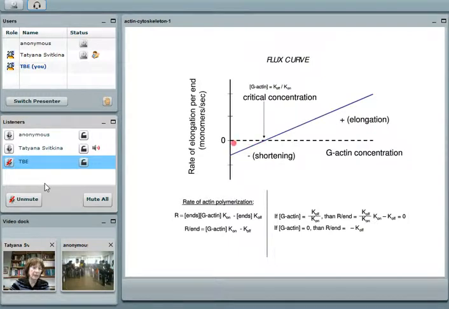If we have it lower than critical concentration, then the rate is negative, which means that filaments shorten. So this is the significance of critical concentration. Above the critical concentration of monomers, filaments can polymerize. Below, they would shrink, or not polymerize if there were no pre-existing filaments.